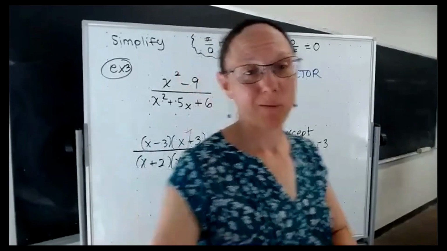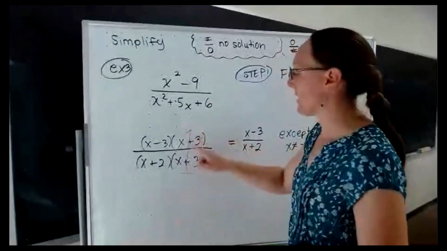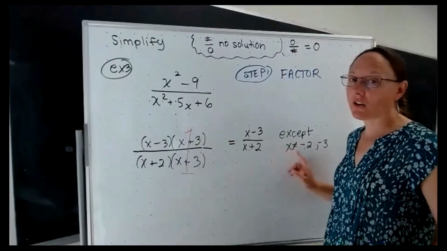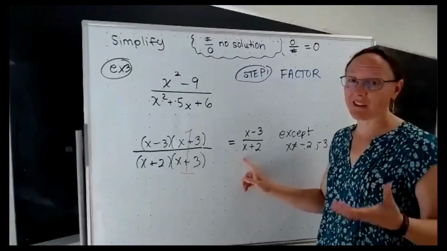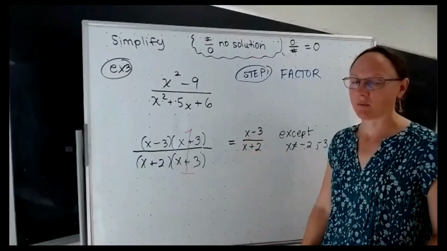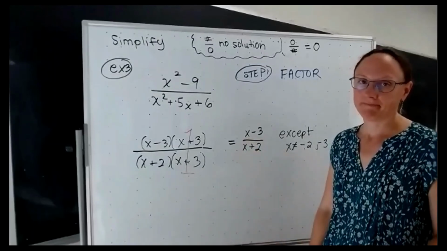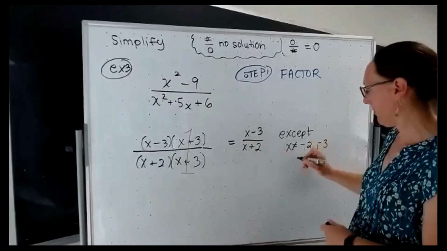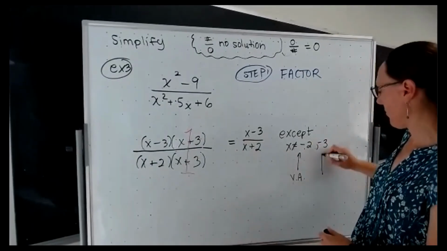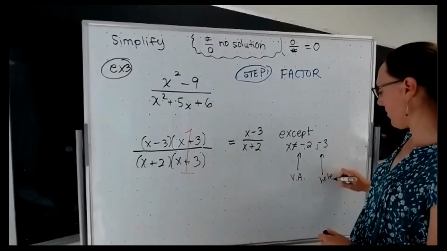So to recap, this factor that cancels out tells me that I have a hole. And the other restriction on the variable that's left over that didn't cancel out is going to give us a vertical asymptote. Vertical asymptote, that guy is a hole.